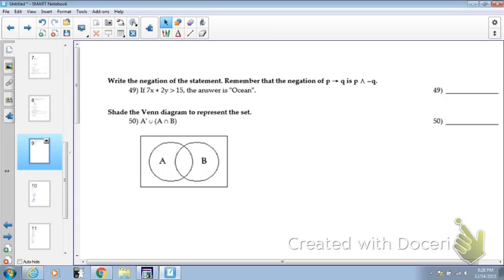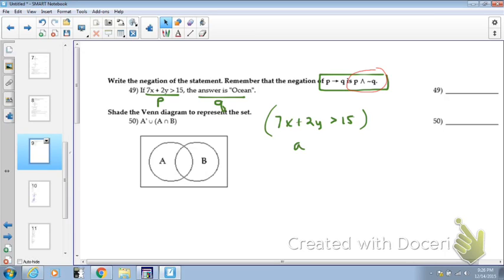Okay, number 49, it says write the negation of the statement, and remember that the negation of if p then q is p and not q. So really we just have to identify what p is, identify q, and then we're going to rewrite it as p and not q. That's going to be the negation. So p was 7x plus 2y is greater than 15.